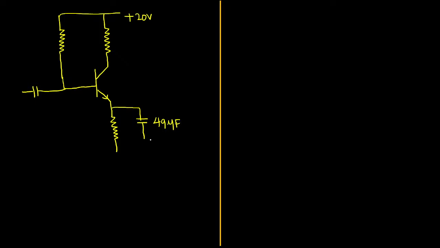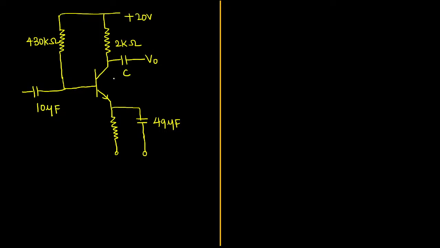49 microfarad, this resistor they have given. The circuit is not properly given. I don't know whether it is ground or not. So this is 10 microfarad. This is 430 kilo ohm. This is 2 kilo ohm. Supply voltage is given, and they are measuring the voltage across this V0.